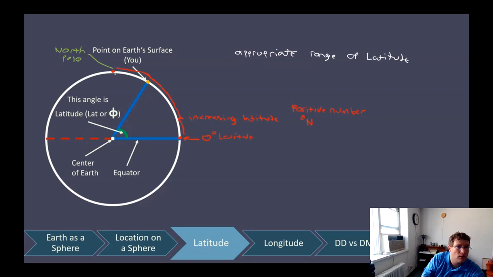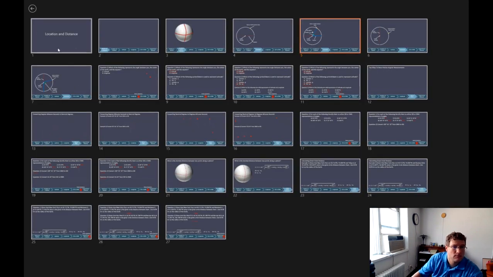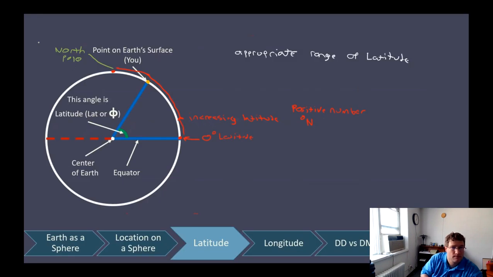Once you hit the North Pole, if we measure this angle out, because latitude is the measure between the equator and you, this angle becomes 90 degrees. If we define being at the equator as 0, going north along the Earth's surface to the North Pole, we would define the North Pole as 90 degrees north.